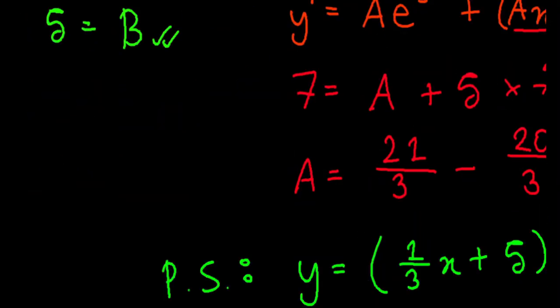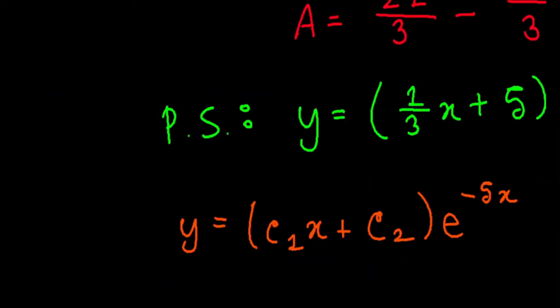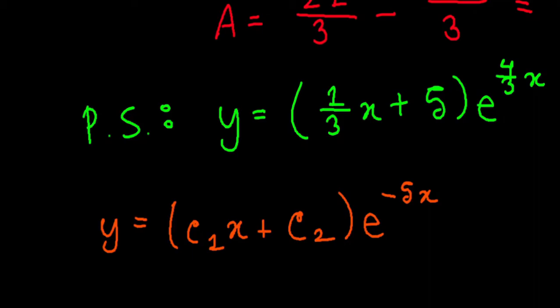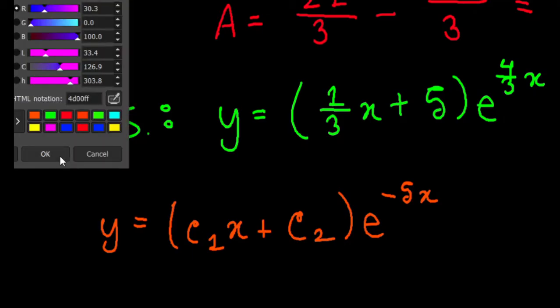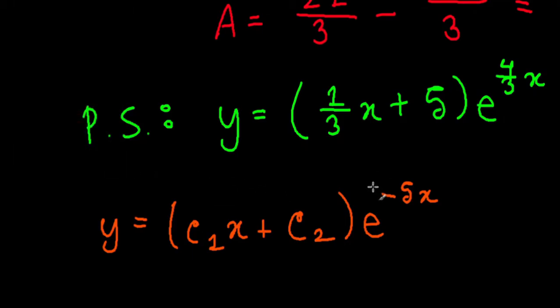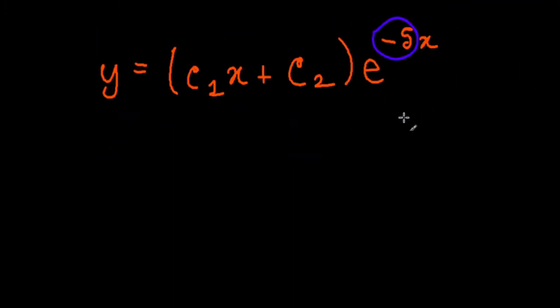All the steps in reverse. It's pretty obvious which one is our repeated root: it's just the coefficient of x on top of e. So minus 5 is our repeated root. So m equals minus 5.